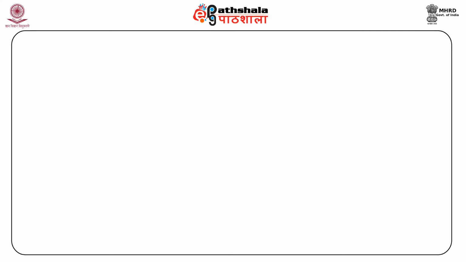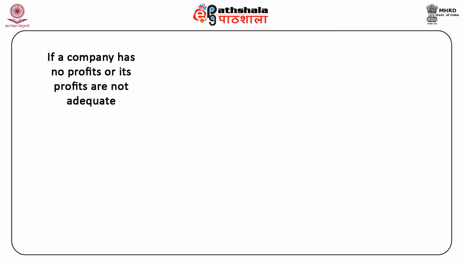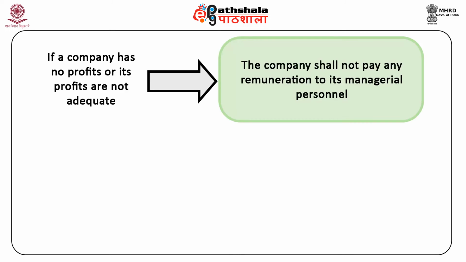As per section 197, subsection 3, in a financial year, if a company has no profits or its profits are not adequate, the company shall not pay any remuneration to its managerial personnel, exclusive of any fees payable to the directors, except with the previous approval of the central government.